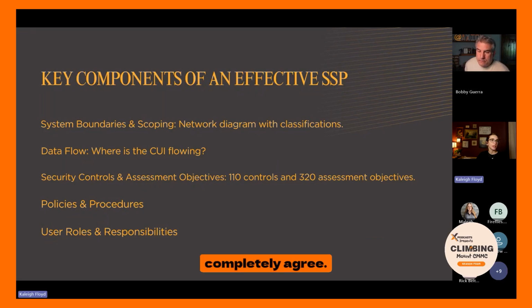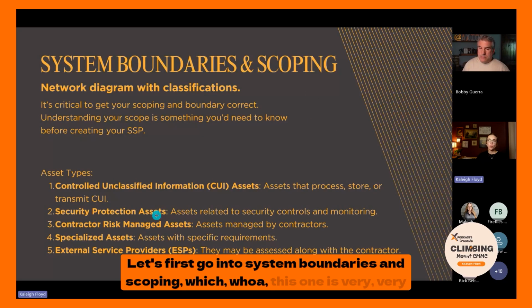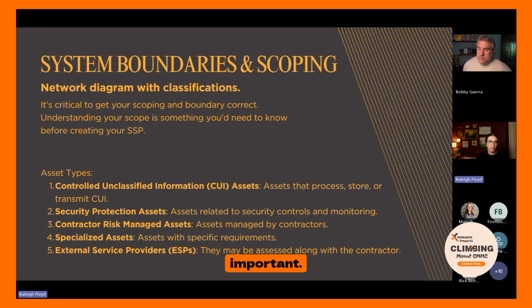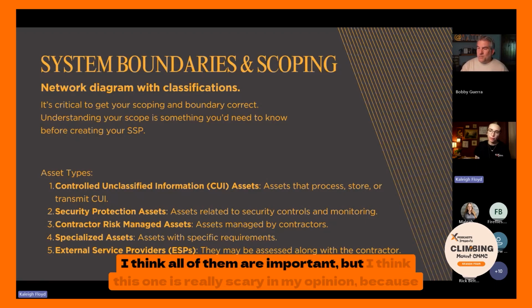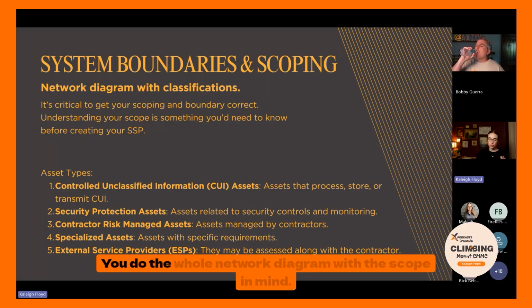I completely agree. And so let's first go into system boundaries and scoping, which is very, very important. I think all of them are important, but I think this one is really scary, because let's say you scope this on what you think is right, and you do the whole network diagram with this scope in mind.